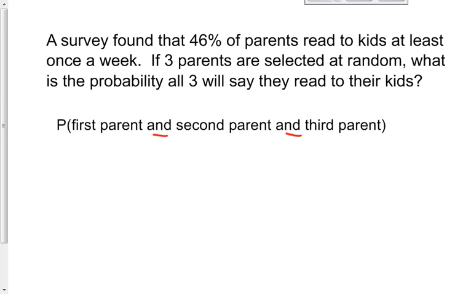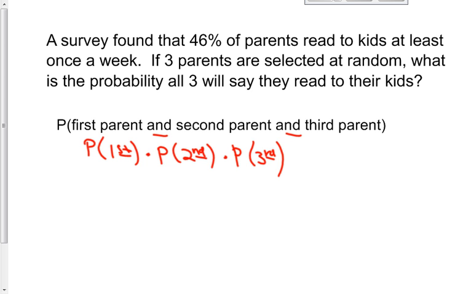Well, when we're dealing with independent events, the key word here is and, which means multiply. So I need to find the probability that the first parent says yes, times the probability that the second parent says yes, I read to my child, times the probability that the third parent says yes, that they read to their child.